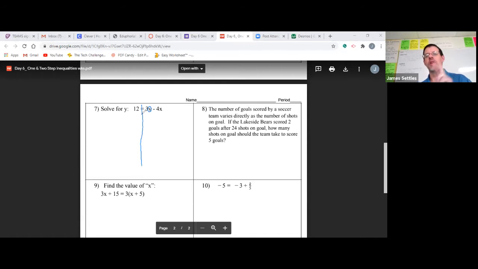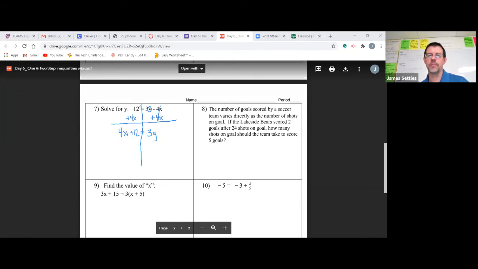The X and the Y are on a different side than what we're used to, but it's still 2 steps, always 2 steps here. The first thing we're always going to do is get rid of the X. So we're going to add 4X to both sides. So that cancels. We got 4x plus 12 is equal to 3y.